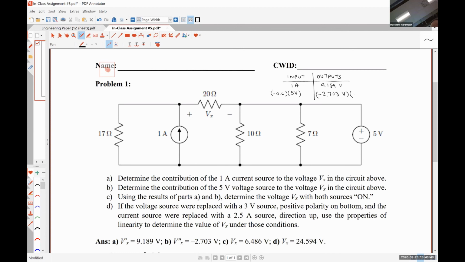So if we multiply this guy by negative 0.6, what we'll find is that the expected output with the 3-volt source on with the opposite polarity is, let's see, let me erase all this, negative 2.703 multiplied by negative 0.6 gives us positive 1.622 volts.